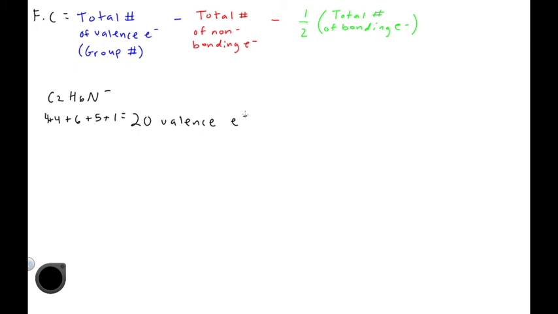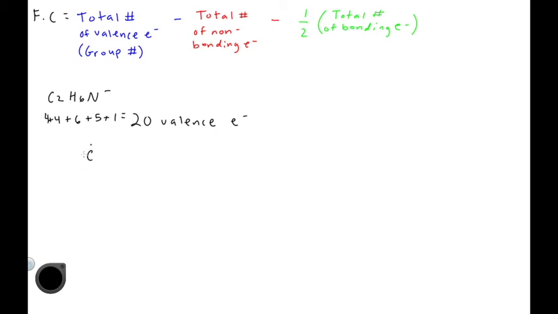All right. So next we want to connect the atoms that form more than one bond, right? Since carbon and nitrogen each form more than one bond, we want to connect those 3 atoms together. We want to leave the hydrogens out of this because hydrogen only forms 1 bond. So let's go ahead and connect those.